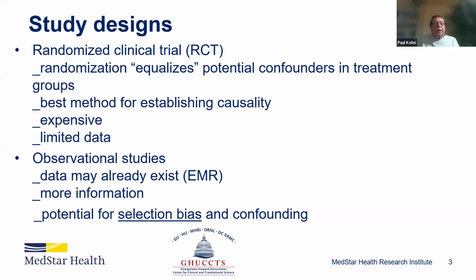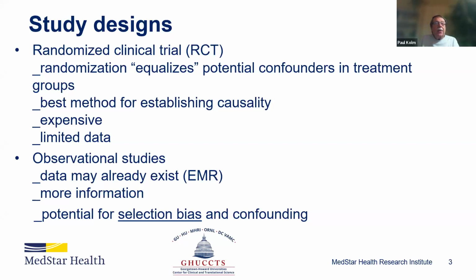However, there are a couple of downsides to it. It can be very expensive to do a randomized trial. And then there's an argument that you have limited data. That is, you don't have real life data. The other type of studies are observational studies, where patients are not randomized to treatment groups.